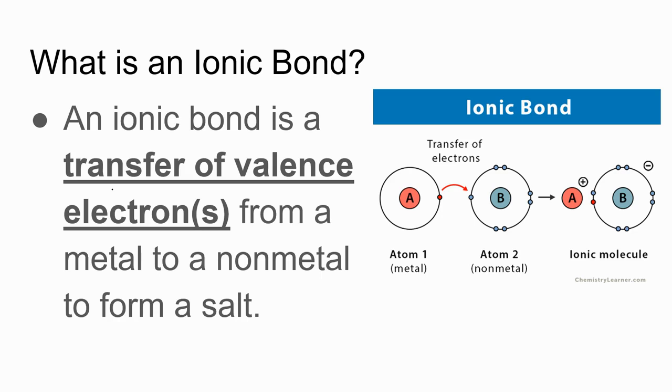So one becomes positively charged, one becomes negatively charged, and then we have this charge balance. So our metal is positively charged, our non-metal is negatively charged, and they match up. So that is what an ionic bond is.